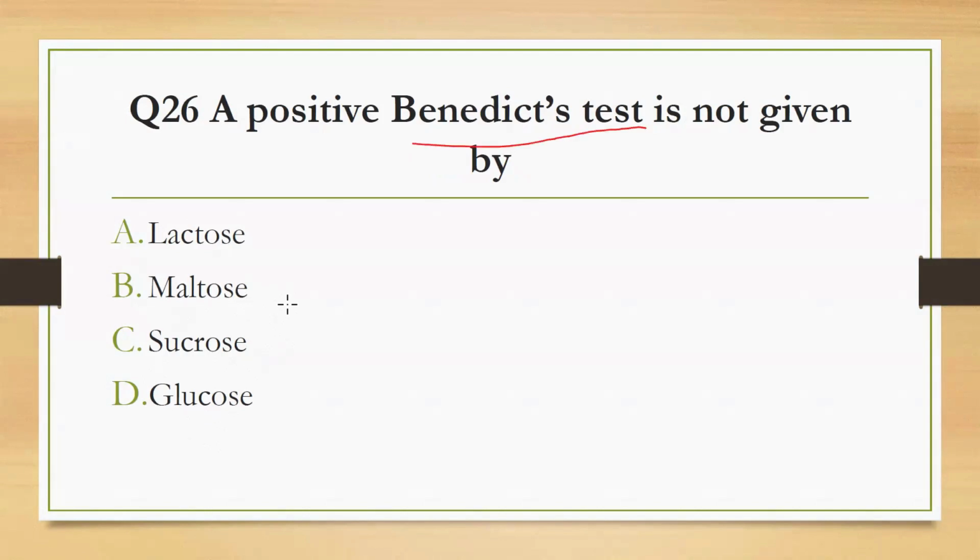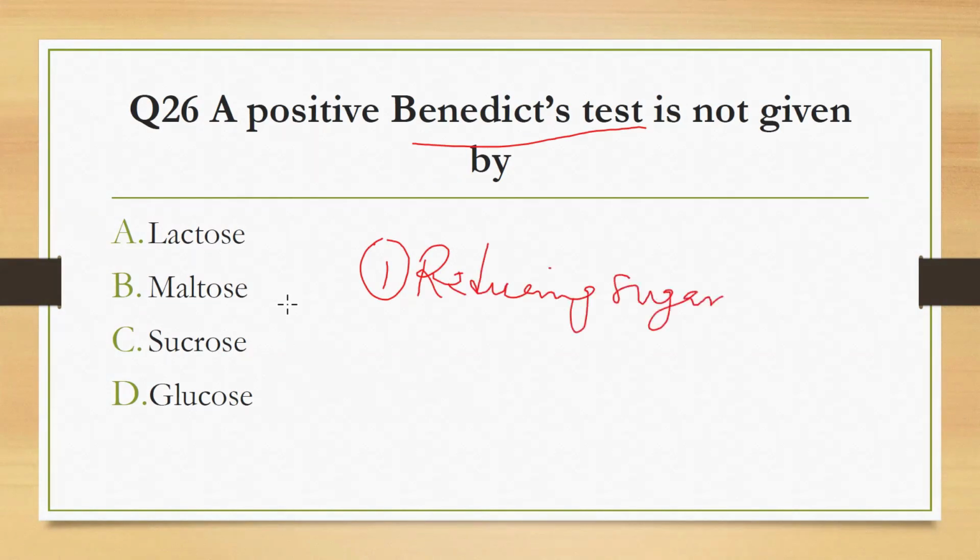Generally carbohydrates are classified into two based on their reducing property. So we have reducing sugar and non-reducing sugar. What is a reducing sugar?